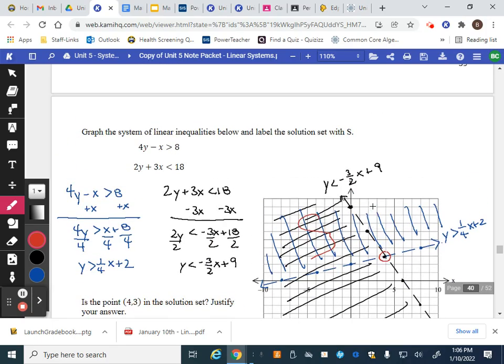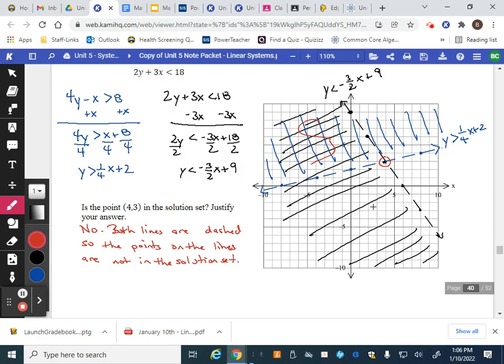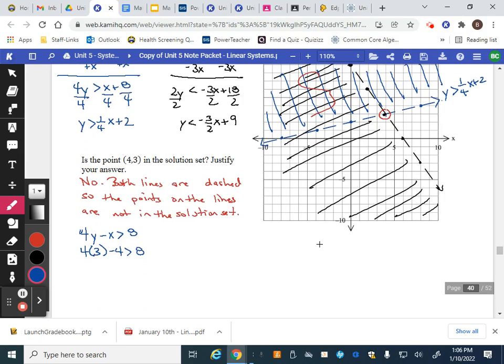So if we were to take that original 4y minus x is greater than 8 and plug in that point (4, 3): 4 times 3 is 12, 12 minus 4 is 8, which is not greater than 8.